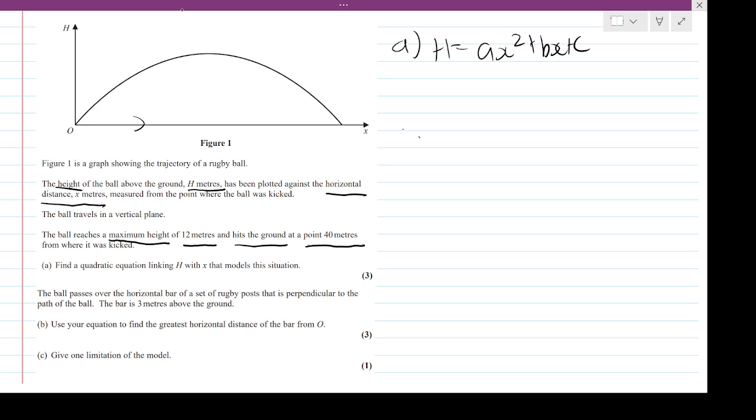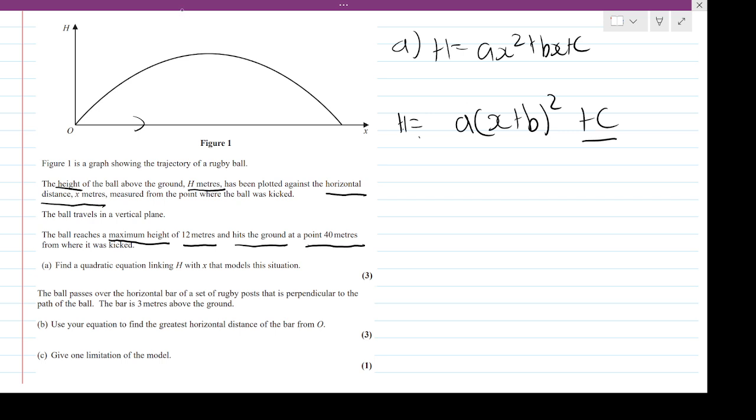Now, when it's talking about maximum height, it's best that we consider h in completed square form, which remember is going to be some number times (x plus b) all squared, and then we're going to have another number at the end there. And that is the completed square form. Obviously, if we expand this bracket, eventually we'll get back to this form here. So it's the same, right?